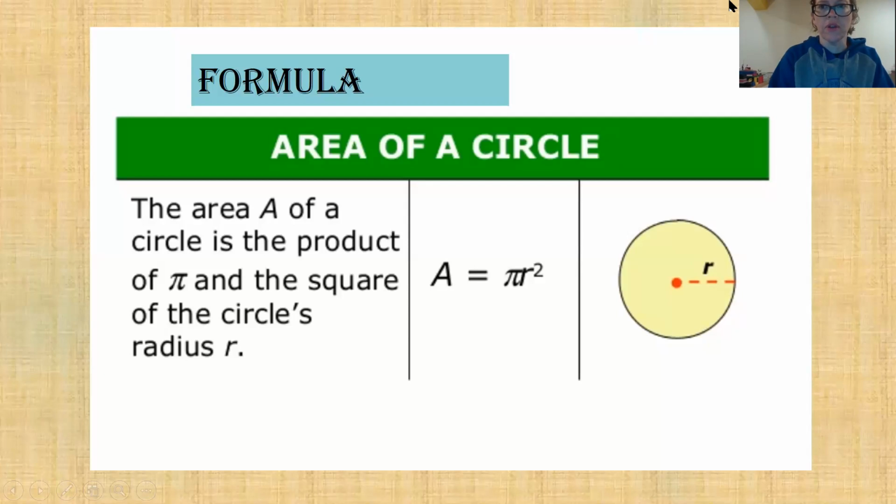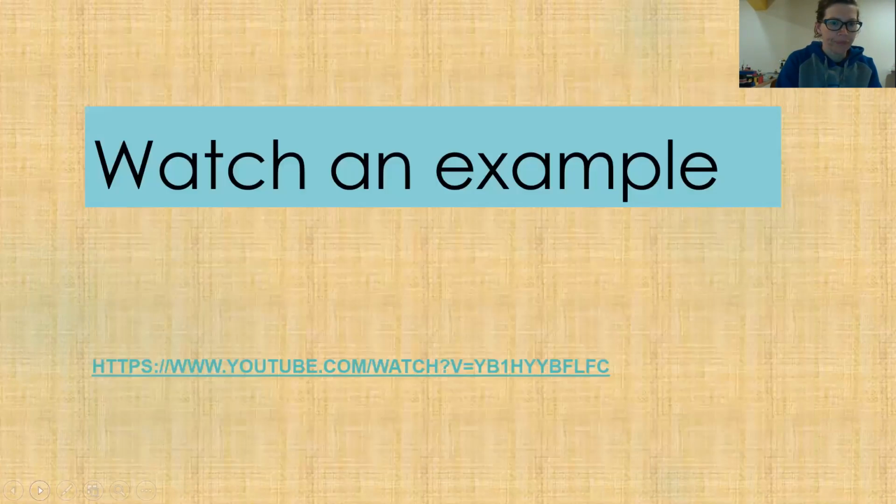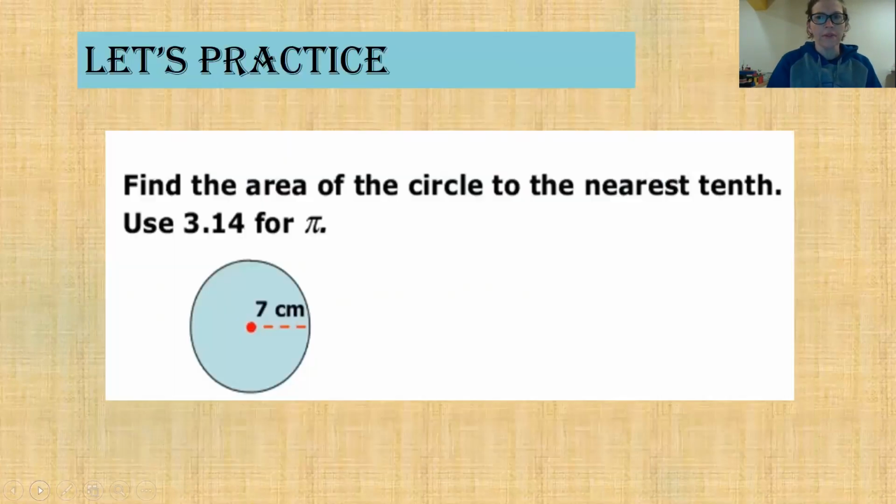Okay, so to review, the formula for the area of a circle is the product of pi and the square of the circle's radius r. So area A equals pi times r squared. All right, so let's practice.